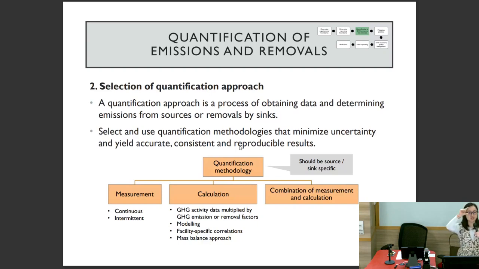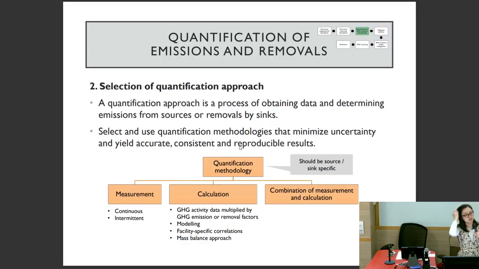Maybe in the exhaust flue you put measurement equipment inside the flue. So when the generator operates, that equipment will measure the amount of carbon dioxide being emitted, from the first of the year until the end of the year. So this is the measurement method.